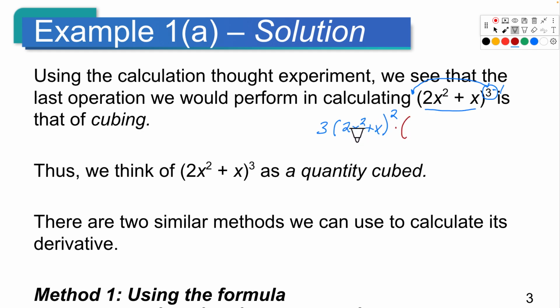And the nice thing is when we do it this way, the inside part's sitting right here. We could just look here: 2 times 2 is 4. 2 minus 1 on the exponent is going to give us x to the 1 power. And then the second term, the derivative of x, is just 1. And now we're done. Okay, so that's a chain rule.